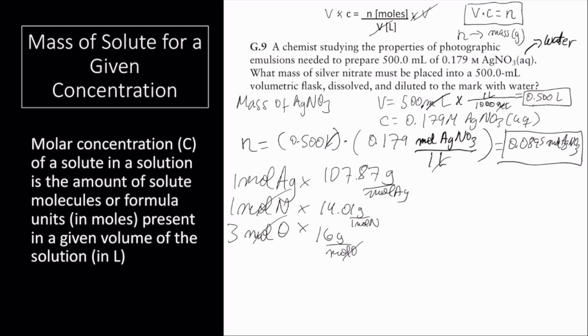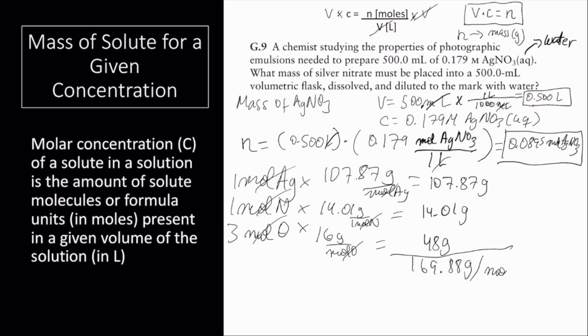So all the units of moles go away and we're left with units of grams. So we have the same number for silver, the same number for nitrogen, and 16 times 3 gives us 48 grams for oxygen. Adding this up, we get 169.88 grams, and this is per mole of silver nitrate.